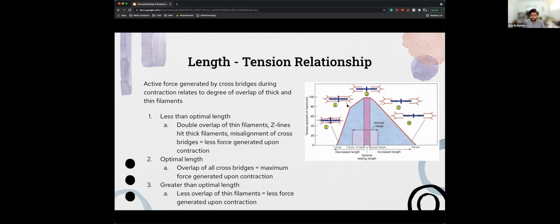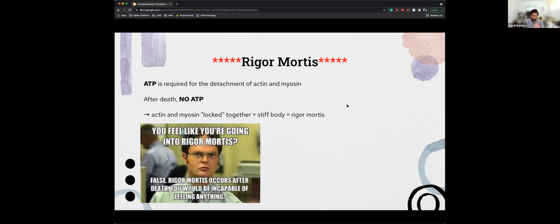Now, this is the sort of exam type question you're probably going to get, all right, about rigor mortis. As we all know, ATP is required for the detachment of the actin and myosin, right? So the detachment of the myosin head. After we die, there's no ATP, unless we become zombies or whatever.